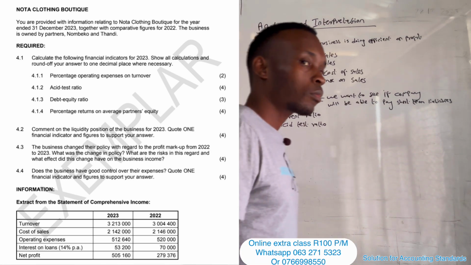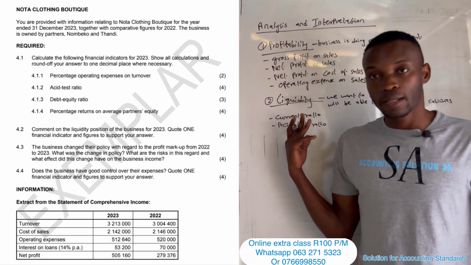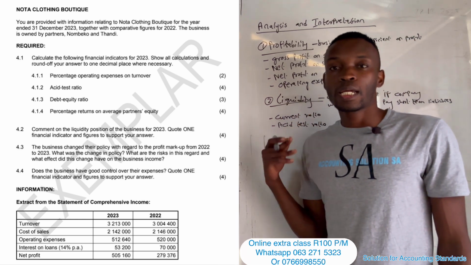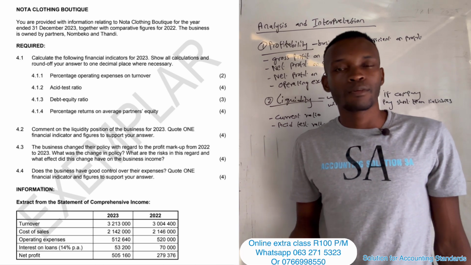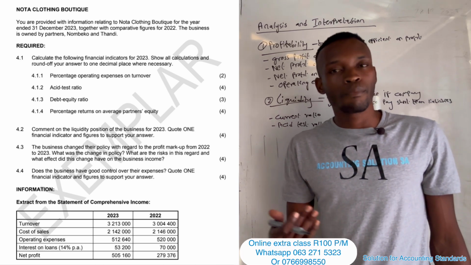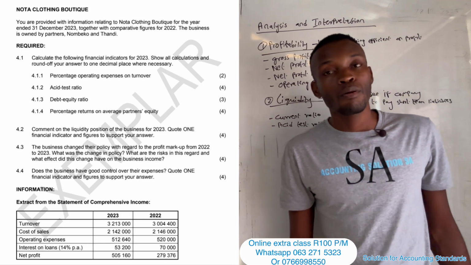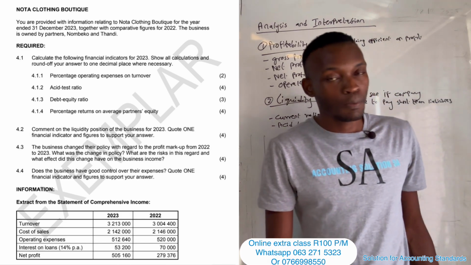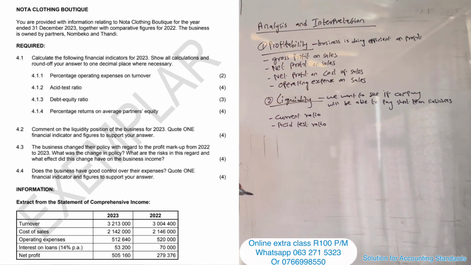Without inventory. In other words, we have to subtract inventory. Because, guys, if you are selling bread, after a week your bread will be expired. You can't say you are paying your debt with expired bread, you know? It's not going to make sense, and they're not going to accept it.